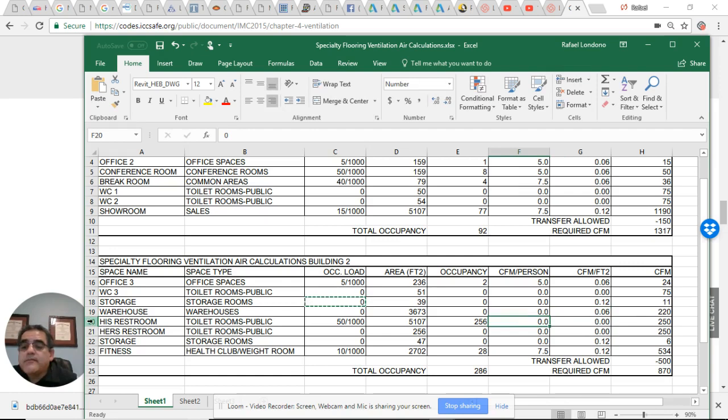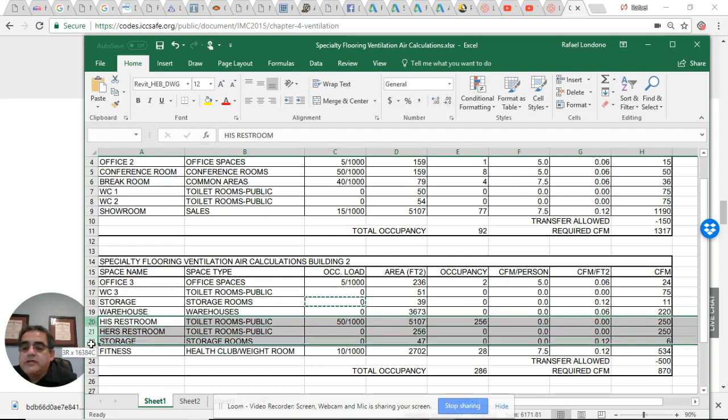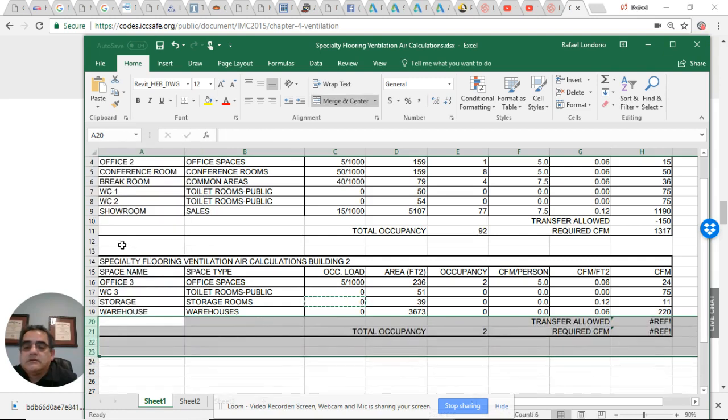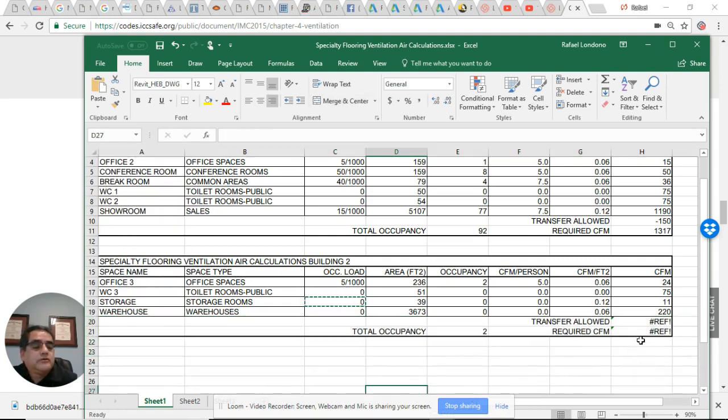The rest, so these I'm going to delete. Delete it. So my table got a little shorter. Again, it freaks out. Let's see. We got an office, we got a bathroom, we got a storage and a warehouse. Okay. So what happens? It freaks out because I deleted and added cells. But essentially, we're just going to go here. The formula is -1 times the sum of all the bathrooms.